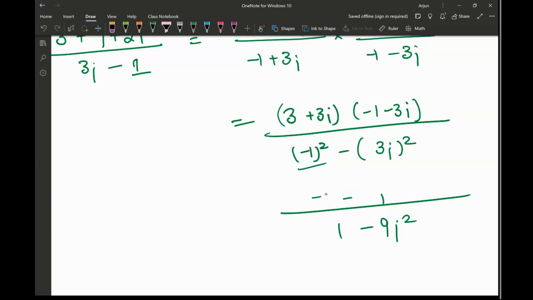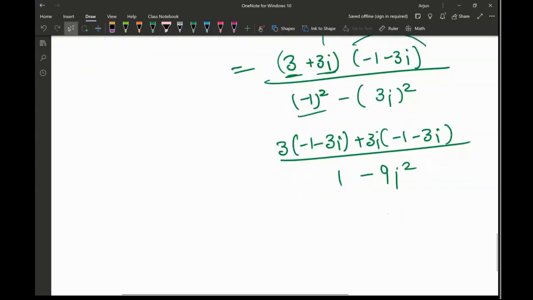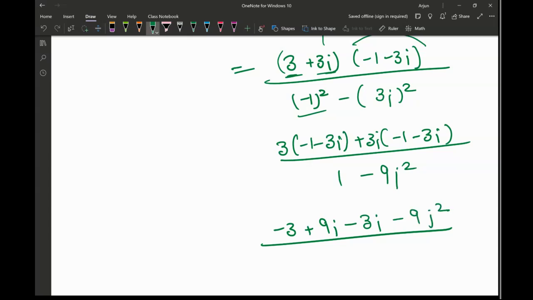If you are going to solve this, again I'll show you how. First term multiply by the complete parenthesis, second term multiply by the complete parenthesis. First term multiply minus 1 minus 3j, plus second term, and that will be equal to, on the top, minus 3 plus 9j minus 3j and minus 9j square.